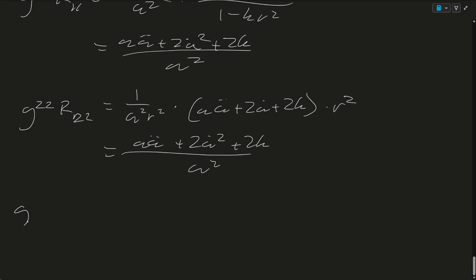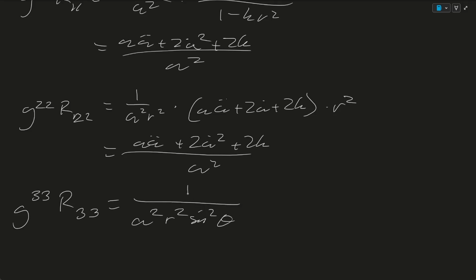Okay. G33 R33. Again, we already have that a squared r squared sine squared theta from our metric. So a double dot plus 2a dot squared plus 2k, sine squared theta.